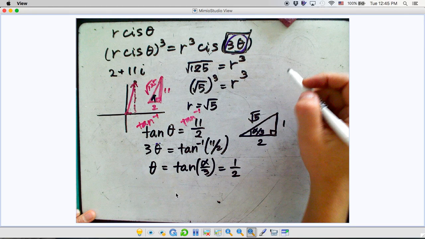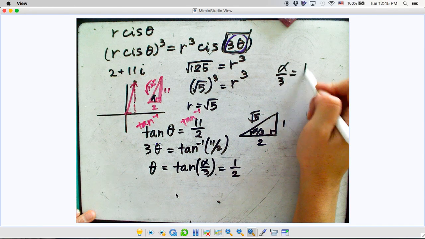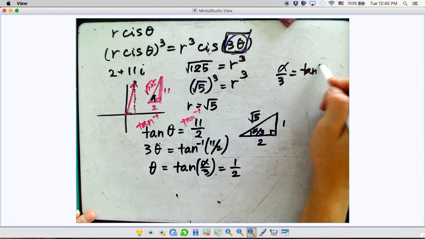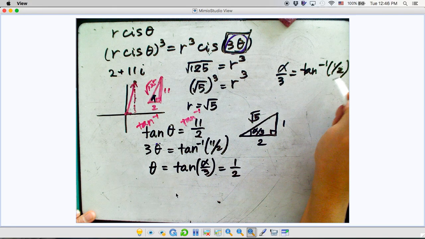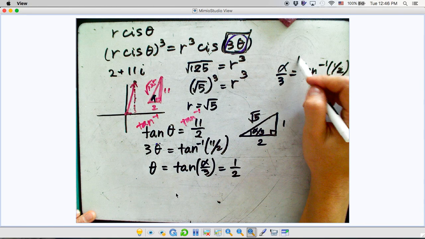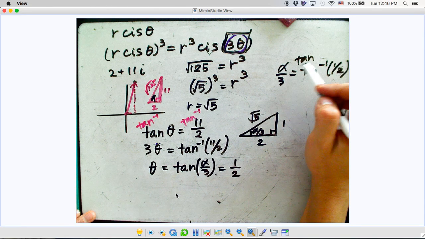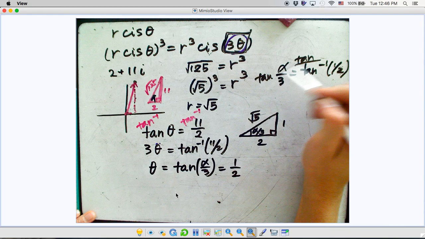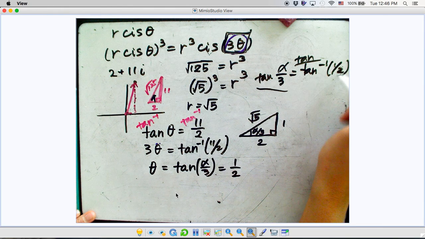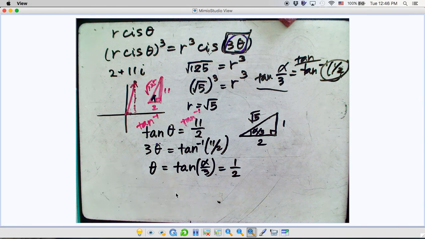So alpha over 3 equals inverse tangent of 1/2, and if you take the tangent of both sides, then you get tangent of alpha over 3 equals 1/2. That's what we get over here.